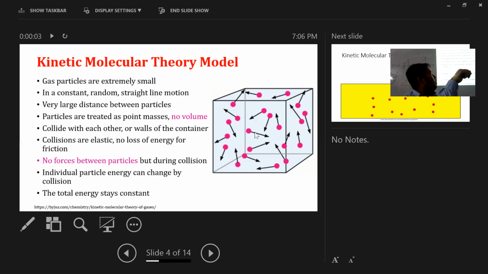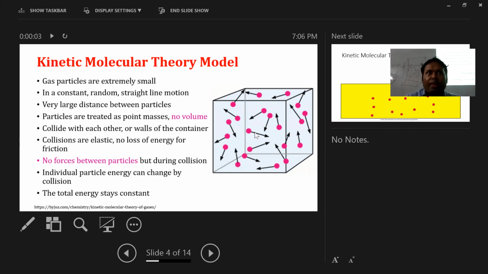Again here, no volume. Particles are treated as point masses, with no volume. If they do not have any volume, then you could keep 10 liters or 1000 liters of gas in a small container.